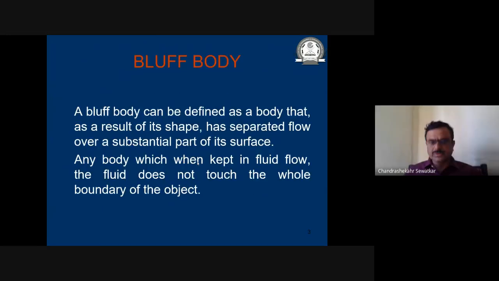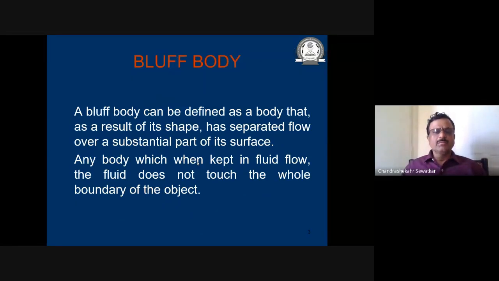So what is a bluff body? A bluff body can be defined as a body that, as a result of its shape, has a separated flow over a substantial part of its surface.